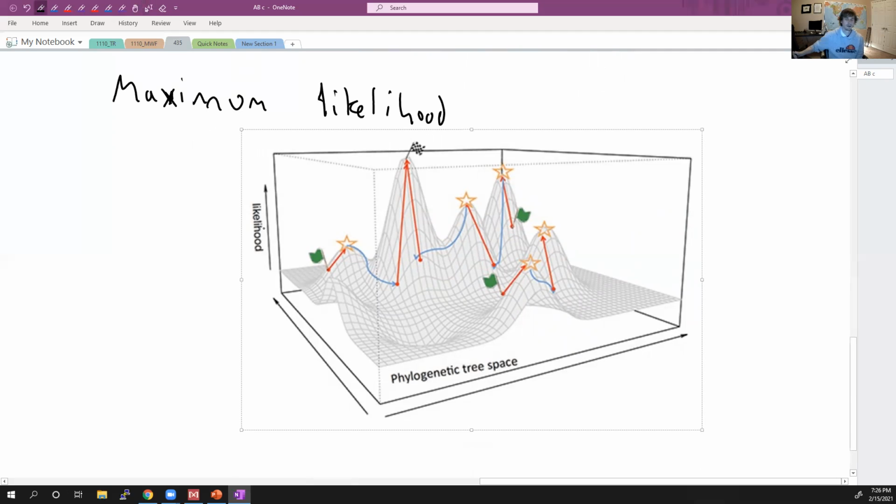Likelihood you can also substitute with goodness. And so with maximum likelihood, we're trying to find the tree that explains the data best, right? The likelihood of the tree that explains the data best. And so this is going to be a tree hill climbing algorithm because some trees are going to be absolute trash, right?